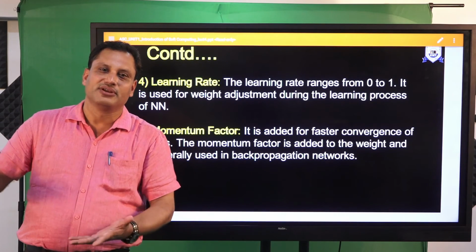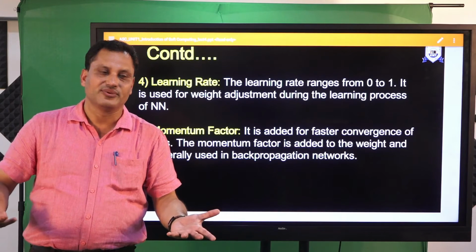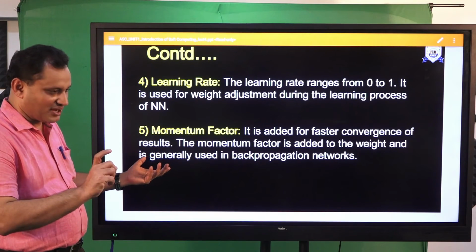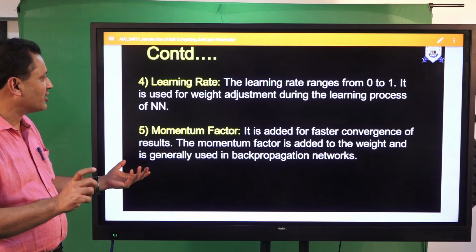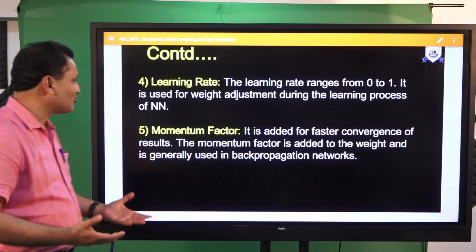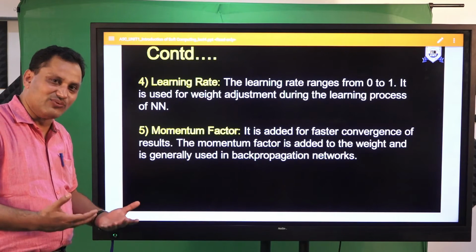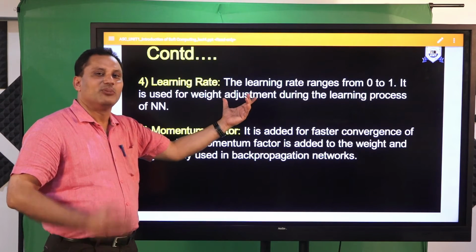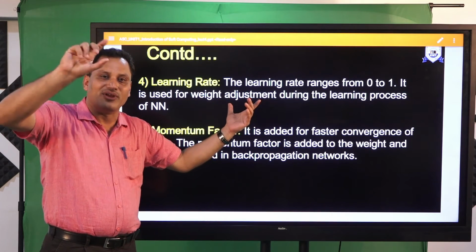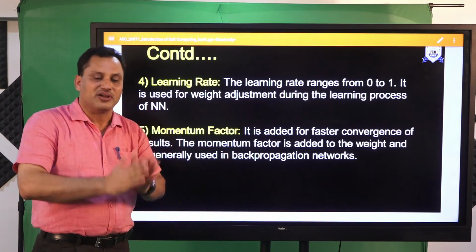So here we are putting in a learning rate factor, a mathematical value between 0 and 1, so that the learning gets enhanced. When we say learning gets enhanced, it means what? Adjustment of weight.